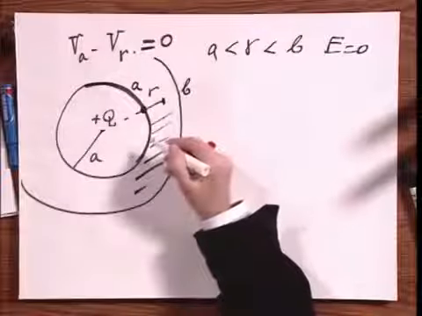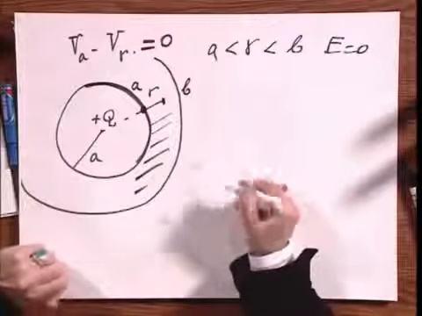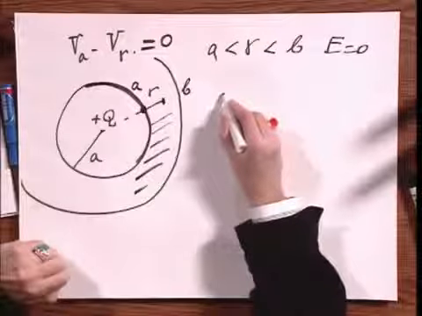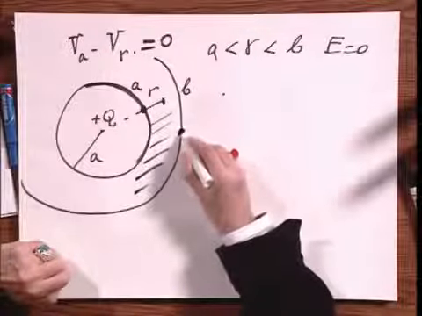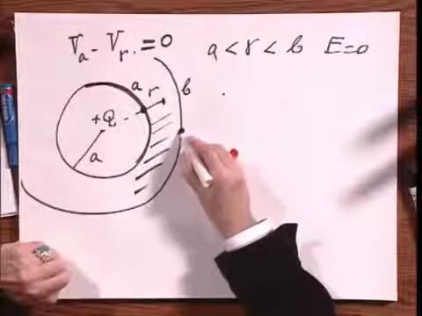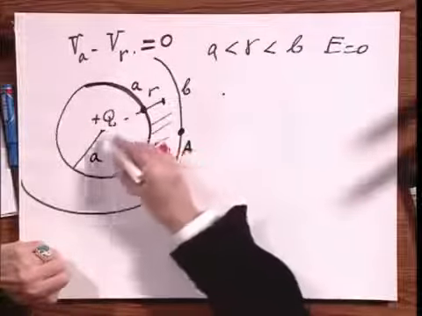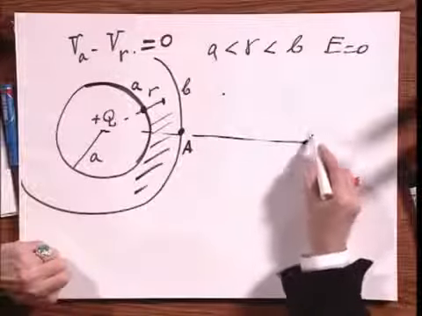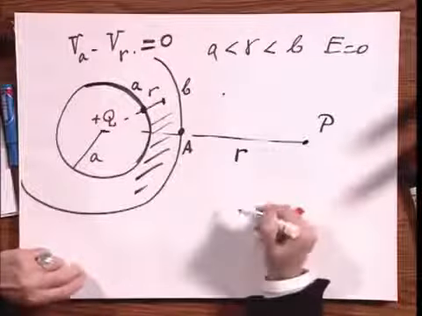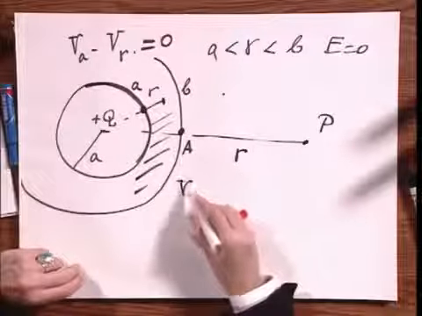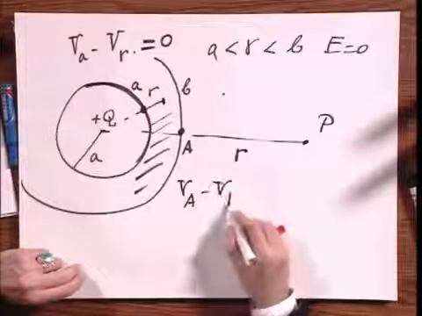The metal is an equipotential. What now is the potential difference between a point B, say here, I call this point A, at the surface B, and some point P, which is at a distance R from the center? What now is VA minus VP?